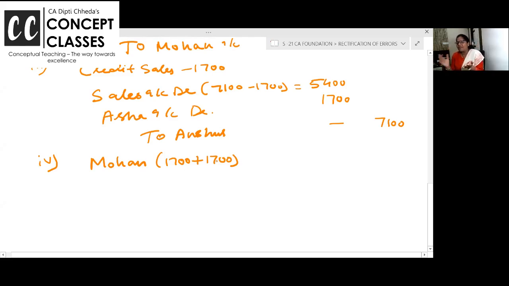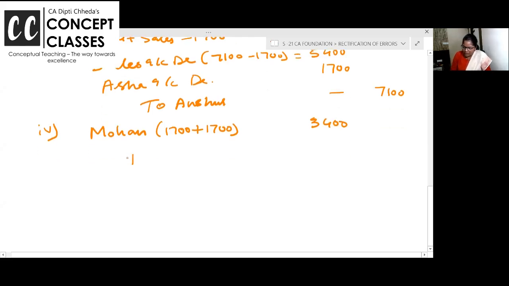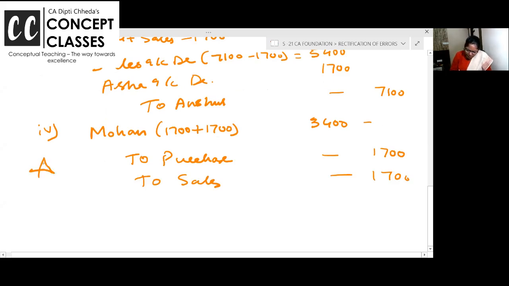One to nullify the wrong credit and another because you did not debit. So 3,400 Mohan account debit to purchase. Purchase wrongly debited and to sales. It is a super important entry. Mark it very, very important.